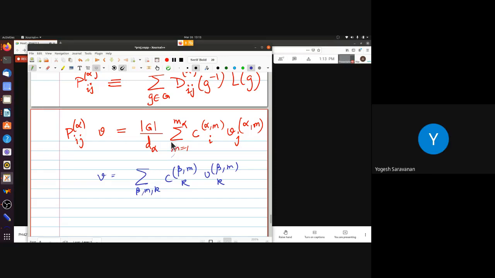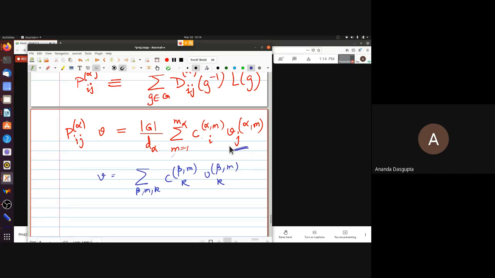Technically the weight gives the CIs in some sense. We are not really interested so much in the CIs. CIs are just numbers. Apart from an overall number, CI is a number, mod G by D alpha is also a number, right? Fine, it's some number. But what is important is it's just some number times a vector.